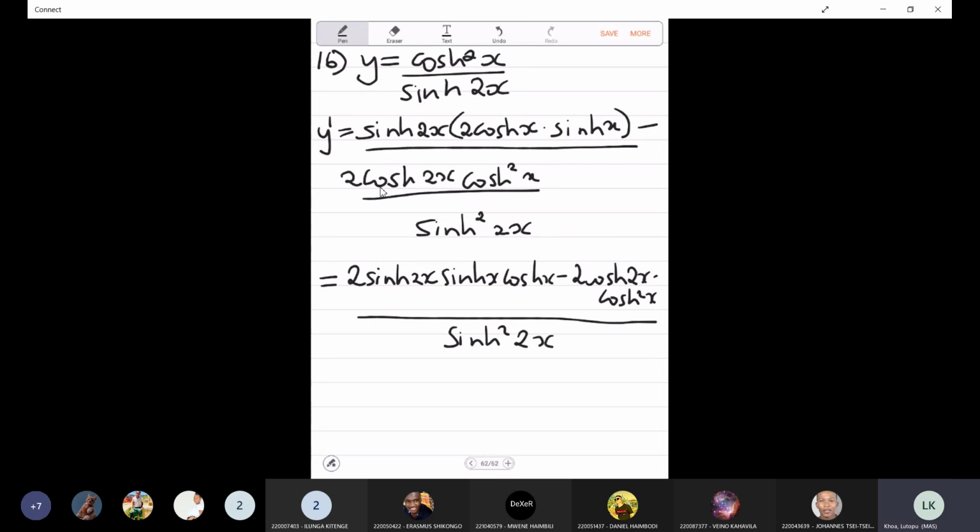Okay, if there's anything that can cancel, you can cancel that out, but it doesn't look like there's anything that we can cancel out that will make it look easier or better.